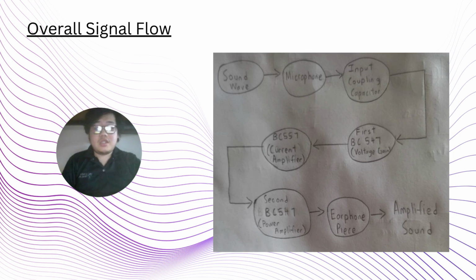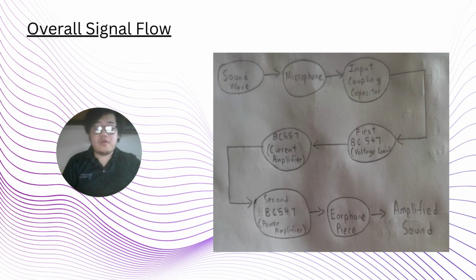And so this is the overall signal flow in the amplifier circuit from start to finish. Outside sound was picked up by the microphone, converted into electrical signal, which then goes through the coupling capacitor and then enters the BC547 transistor. It acts as a voltage gain, and later it went into the BC557 transistor, which acts as a current amplifier.